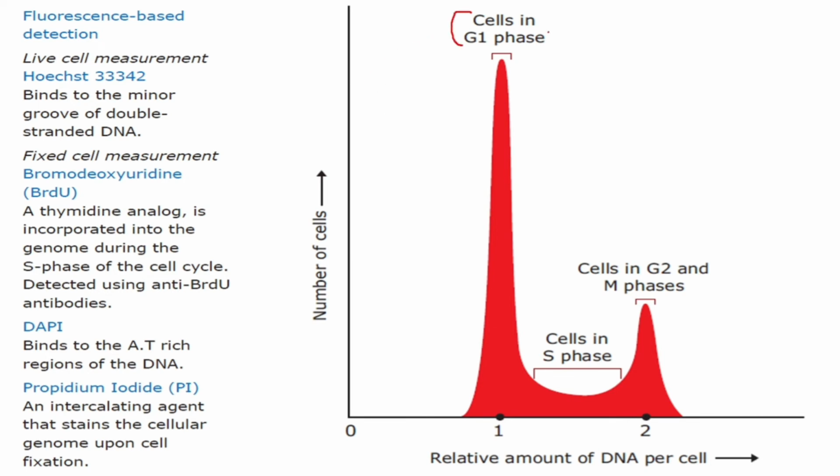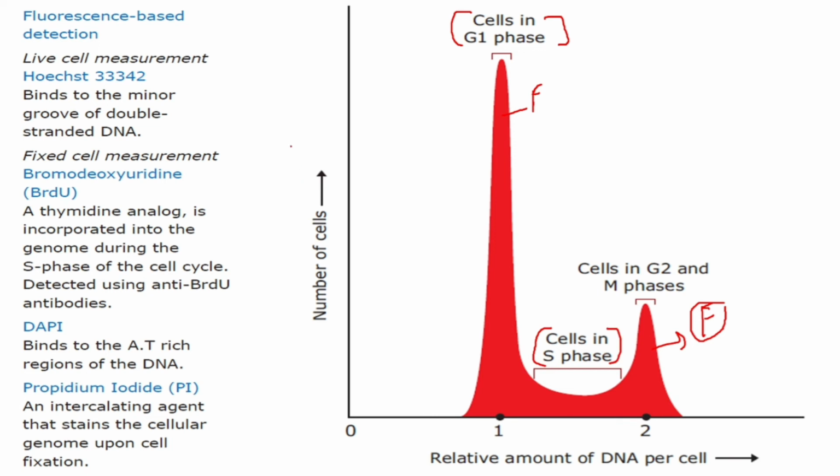Like, these are the cells that are in G1 phase that are showing the minimum amount of fluorescence. And there are cells that are present in the G2 phase that are showing the maximum amount of fluorescence, the maximum concentration of DNA, the maximum amount of fluorescence. And there are certain cells present in the S phase that are showing an intermediate amount of fluorescence, the intermediate amount of DNA.